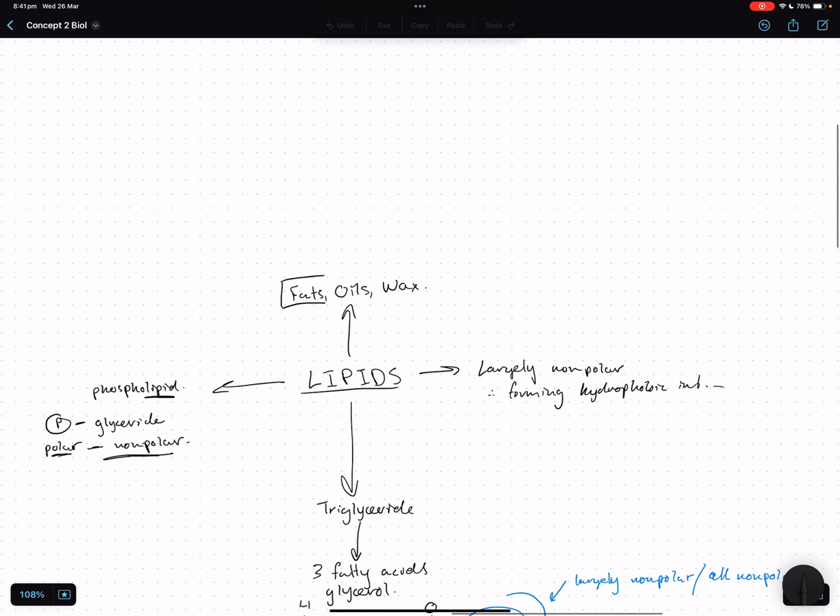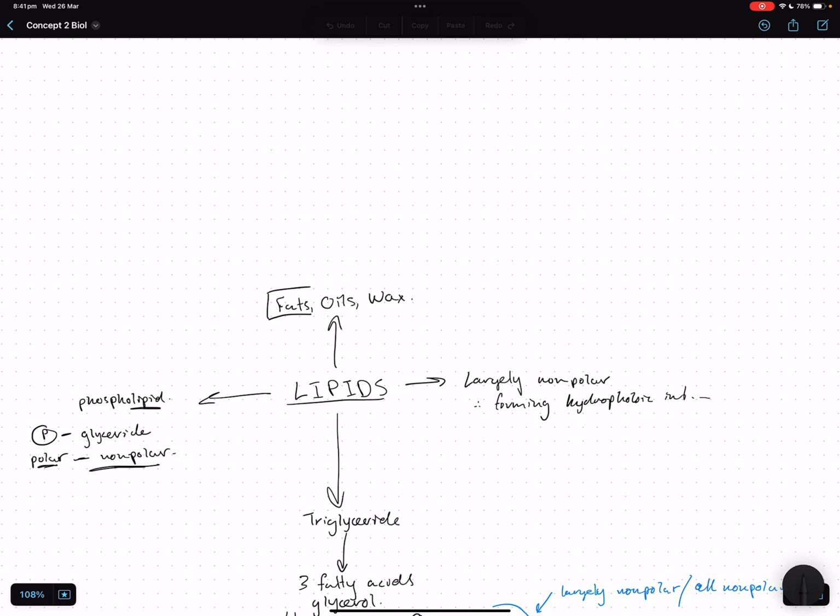Now lipids can be fats, oils, and wax. Wax is solid at room temperature. Oils are usually liquid at room temperature.